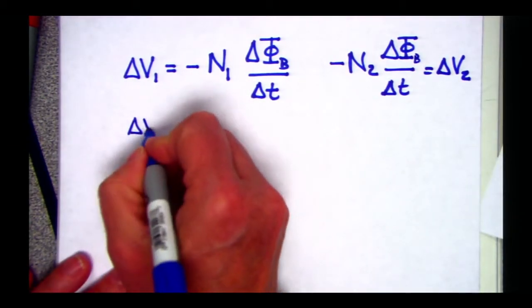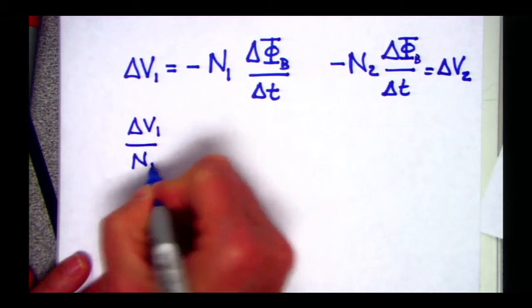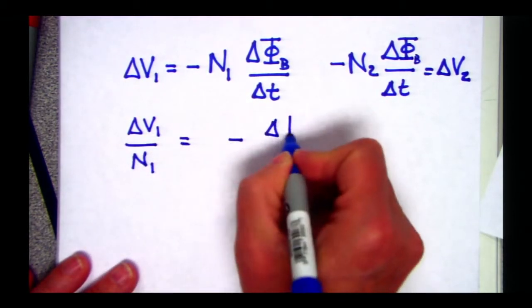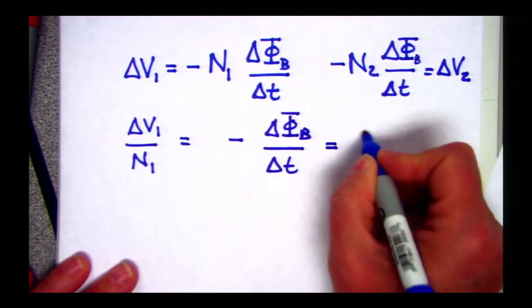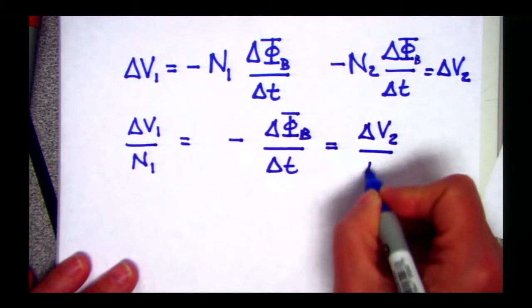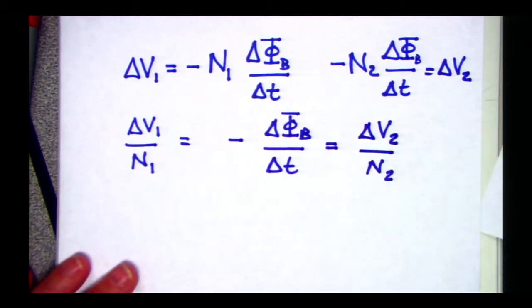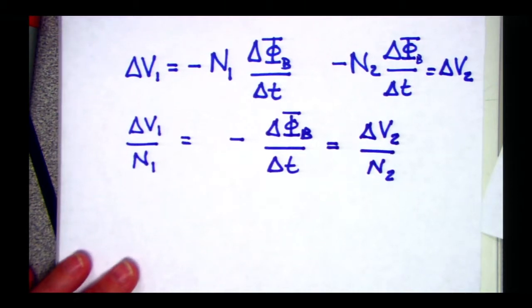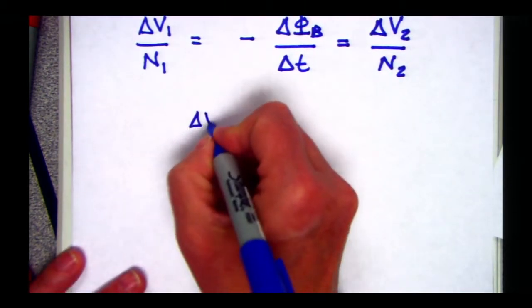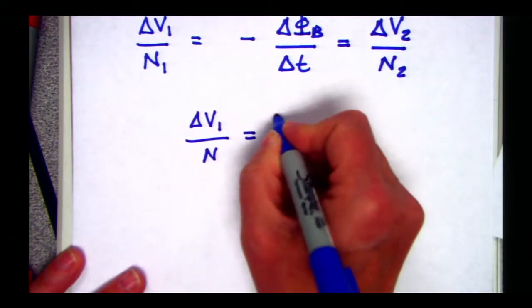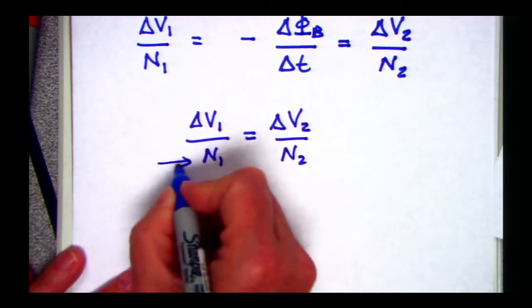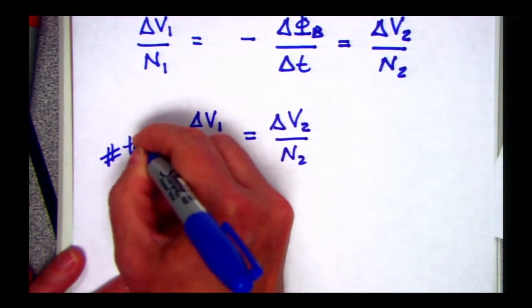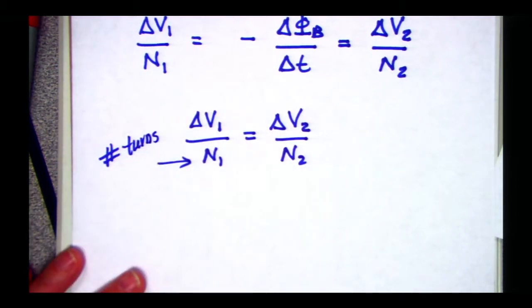So let's go ahead and do this. Now I don't have to worry about my change in magnetic flux anymore. Because now I can just set this up as the ratio, where N is the number of turns.